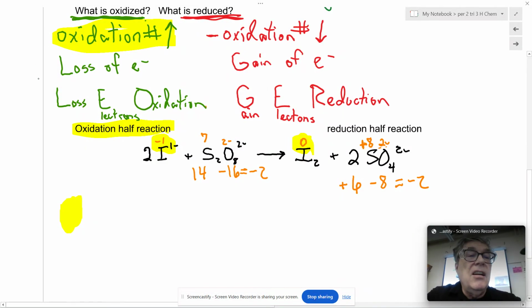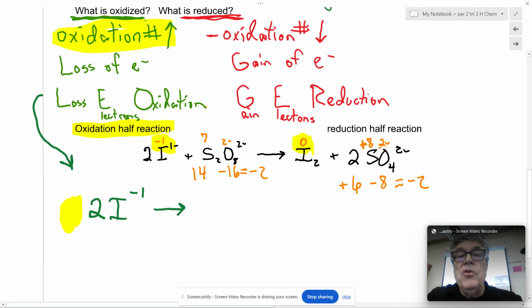So we're just continuing showing that reaction down here where we have 2 iodides that change into I2 with no charge. But wait, there's more. Notice the charges.